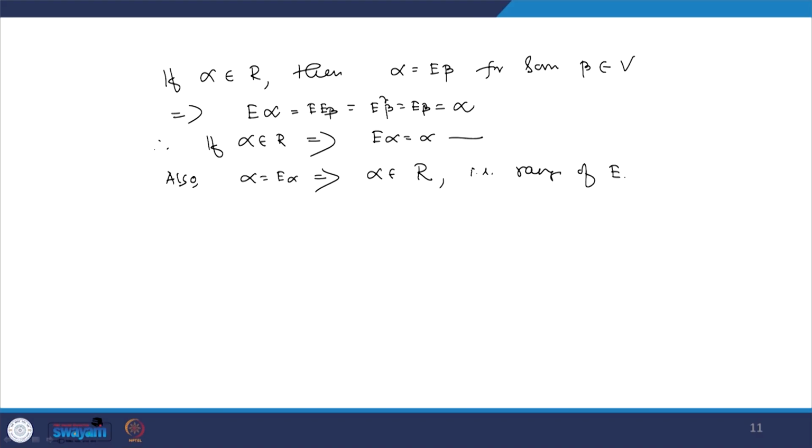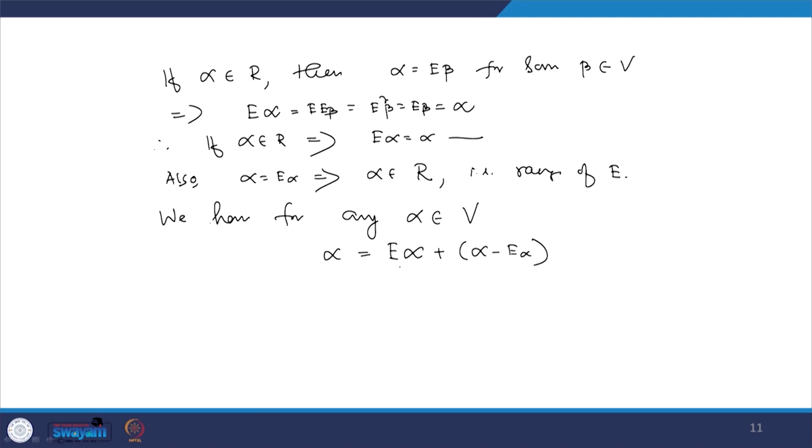We have for any alpha belonging to V, alpha equal to E alpha plus (alpha minus E alpha). One can write like this.